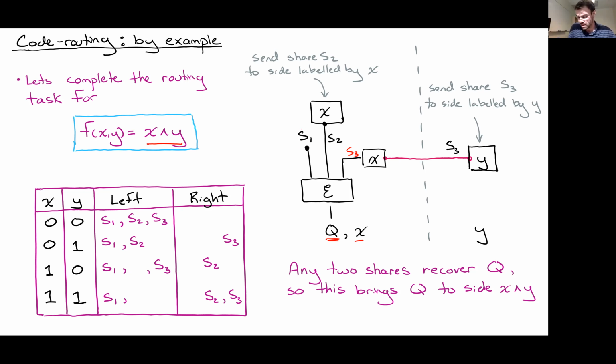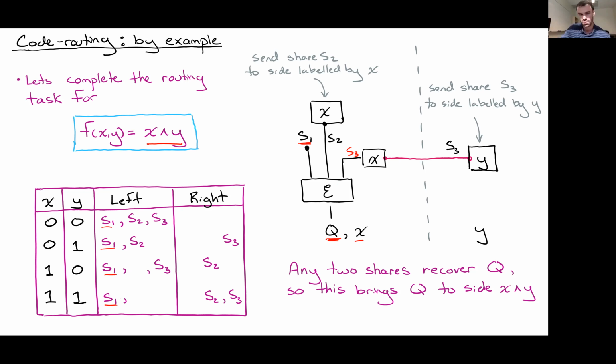So for the first share, S1, you're just always going to keep that share on the left. Okay. So Q starts out on the left, the encoding happens on the left. So S1 starts out on the left, just leave it there. In the table I've drawn here, I've explained where each of the shares ends up as a function of the inputs. So we see that S1 is just always on the left. Okay. Good.